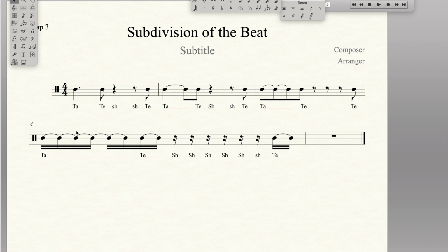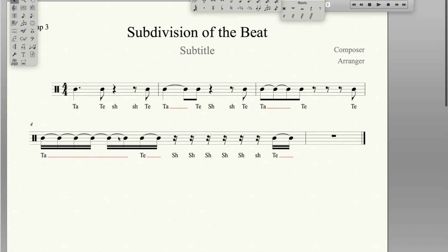Okay, and if I want to get really pedantic, I could put these in 16th notes. And that's not a bad idea, especially if you have 16th notes coming up, because you could have these separated. You go ta te, take a ta te, take ta te.